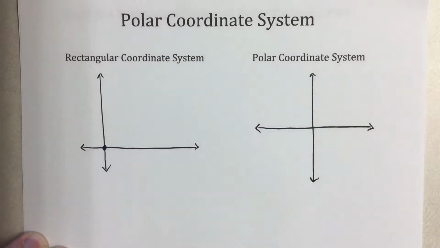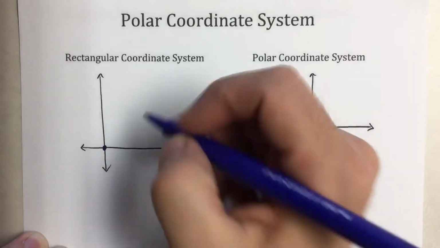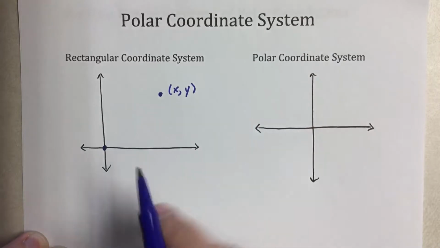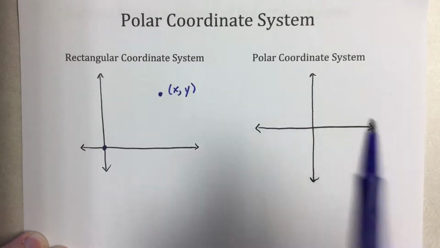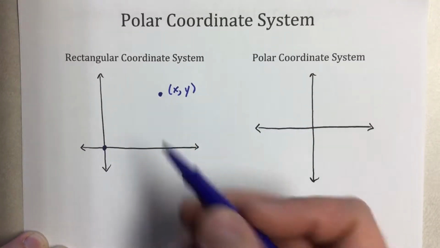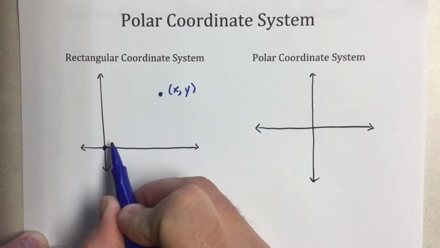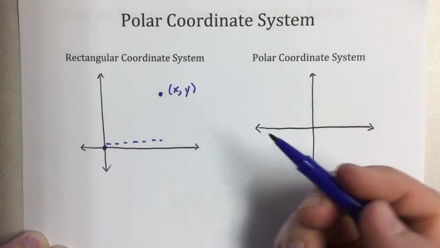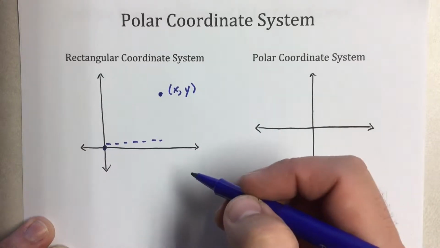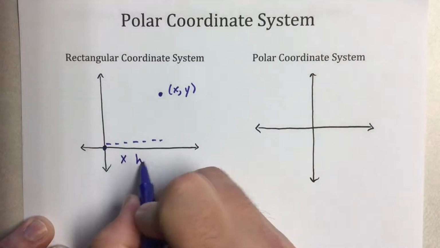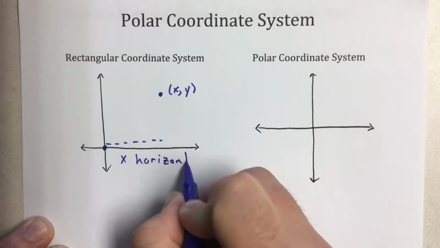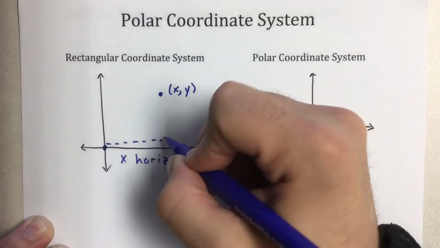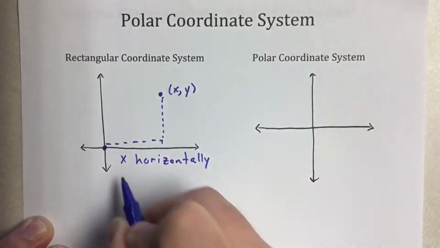0, 0. So with the rectangular coordinate system, if I have a coordinate out here, say x comma y, what we are actually saying is that with respect to the origin, this location is x distance horizontally, and then y vertically.